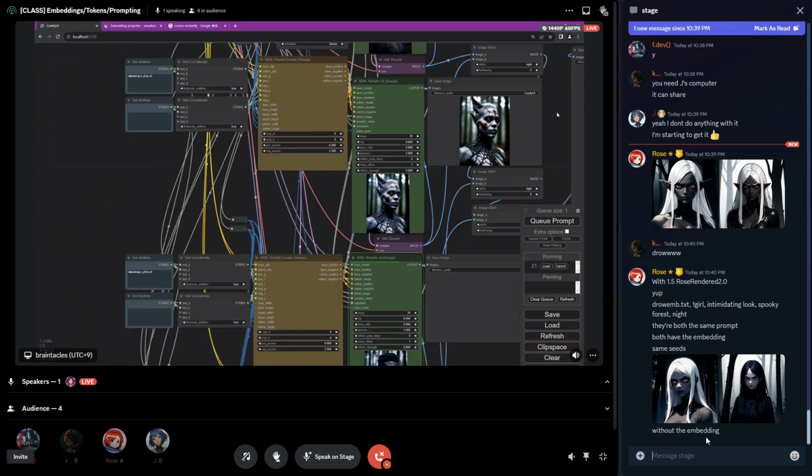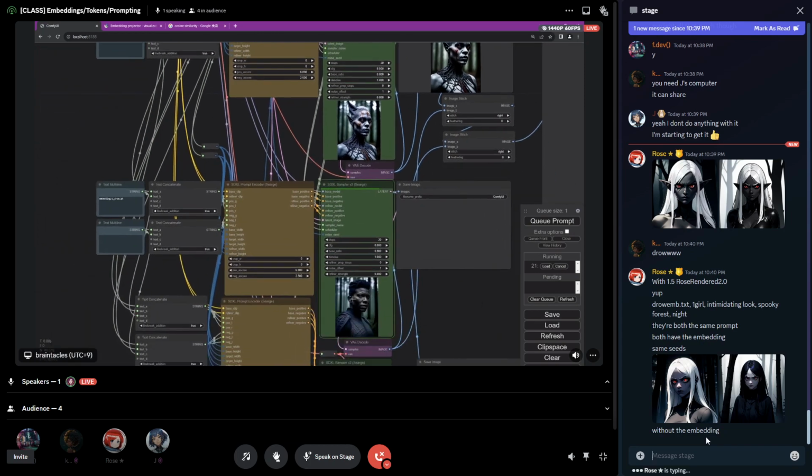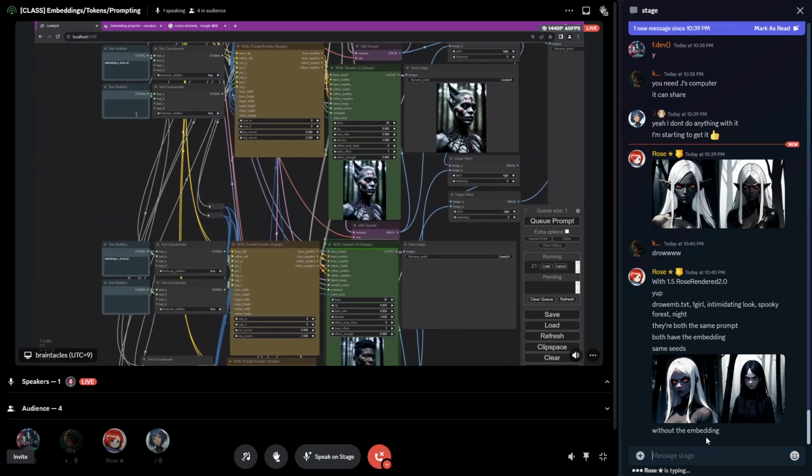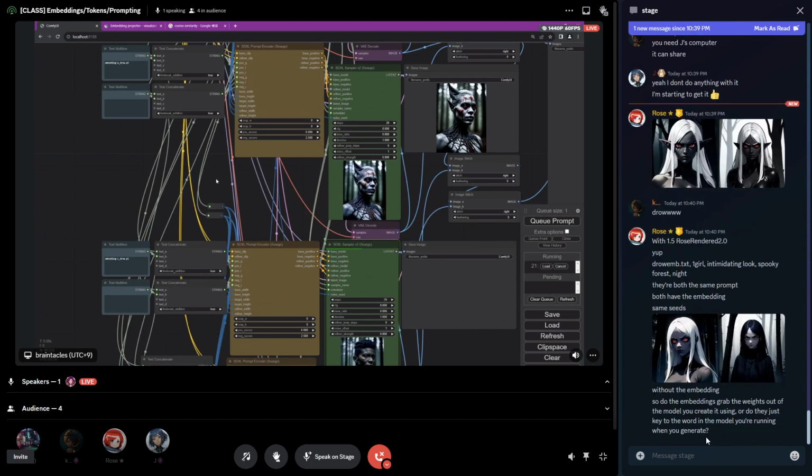If you guys are creating embeddings for the clip L with the extensions I shared with you, and you would like to have a version for the G, you can just give me the tokens. I can create them for you. I'll be more than happy to do so.